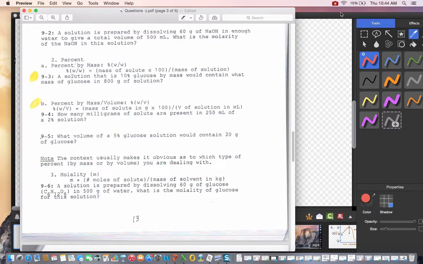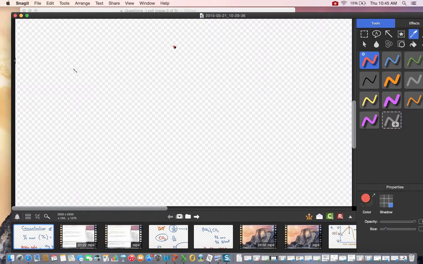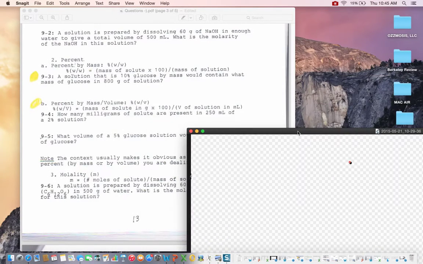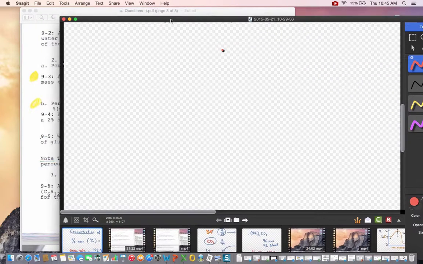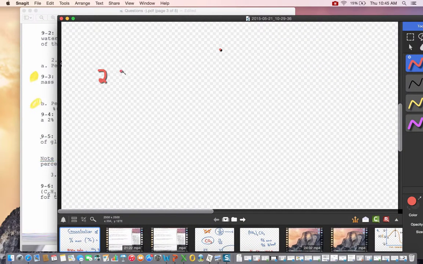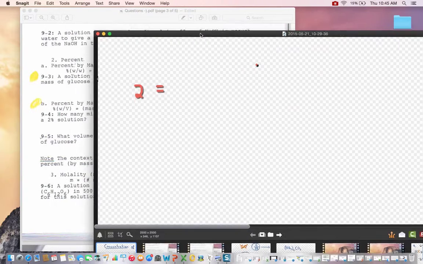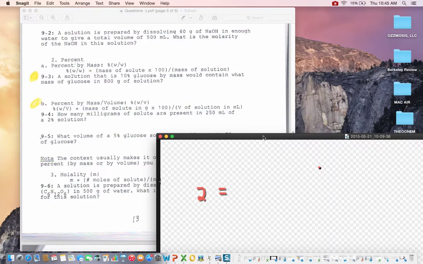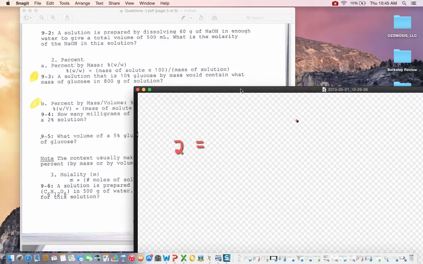Let's now look at 9.4. We're asked how many milligrams of solute are present in 250 milliliters of a 2% solution. So this refers to weight volume percent mass. So we have a 2% weight by volume. So 2 equals, we know that the volume is 250 milliliters.